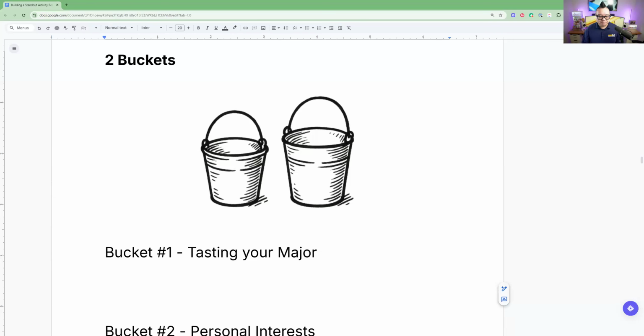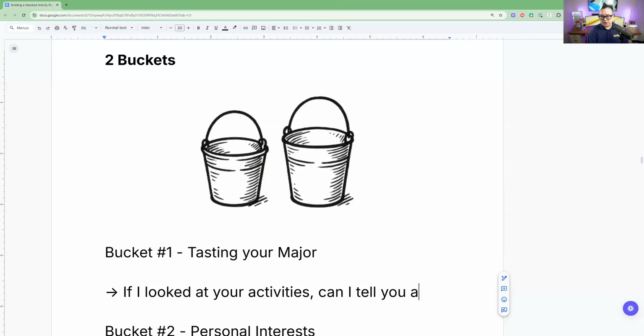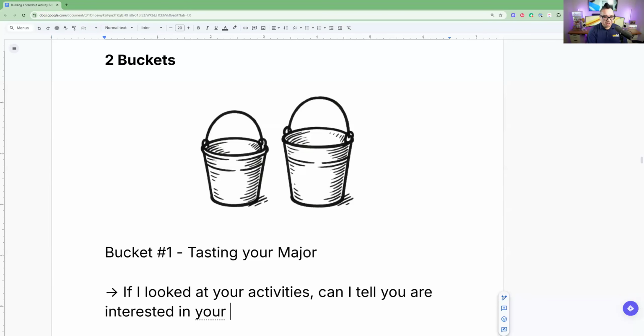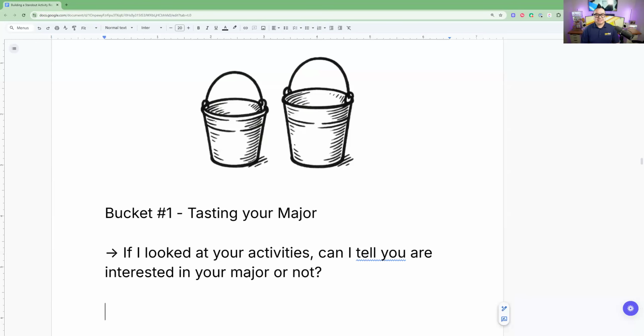Let's break it down. So first one, bucket one, tasting your major. If I looked at your activities, can I tell you are interested in your major or not? That is the key. If you told me, for example, hey, Coach Tony, I want to do computer science, I'm like, awesome.